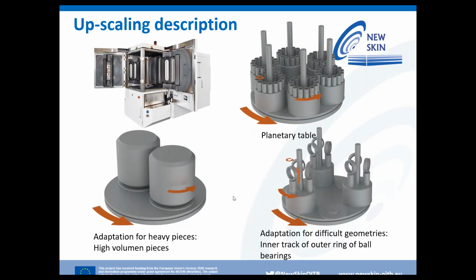But if you want to coat different pieces, like high volume pieces, you have to do modifications. Also, some parts are really complicated to coat, like rings and difficult geometries, for example the inner track of the outer ring of ball bearings.